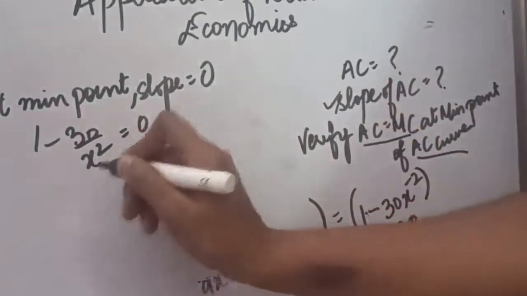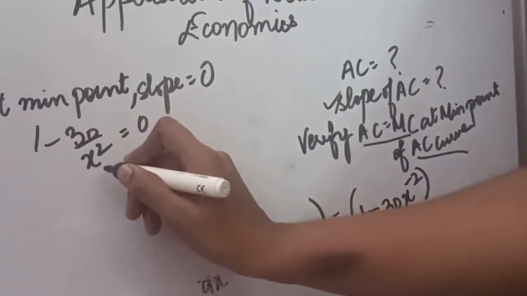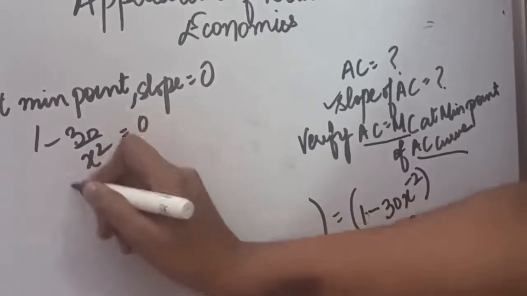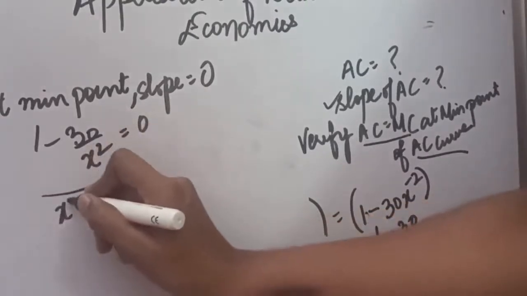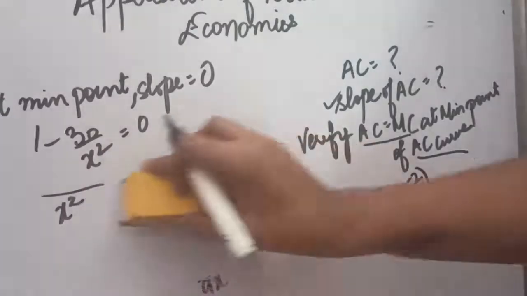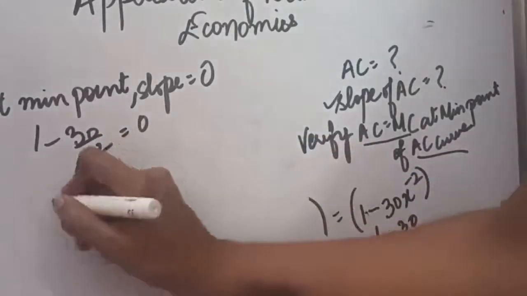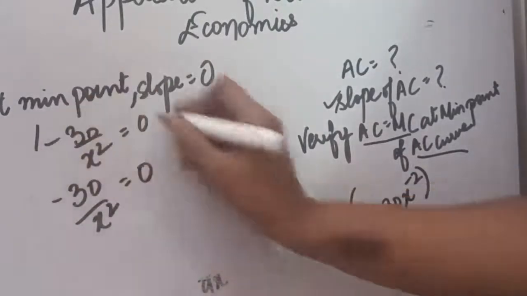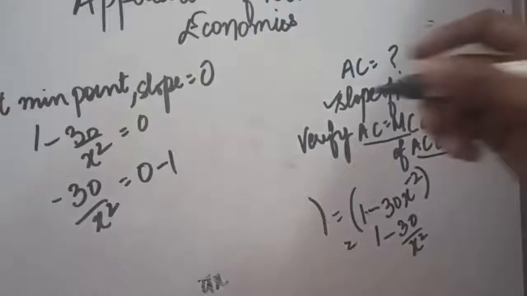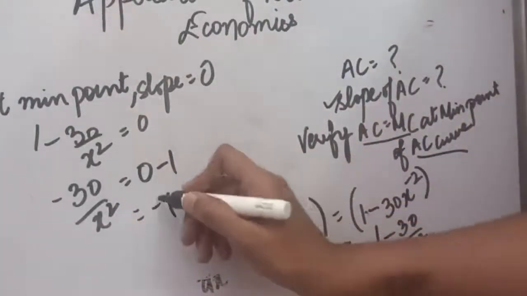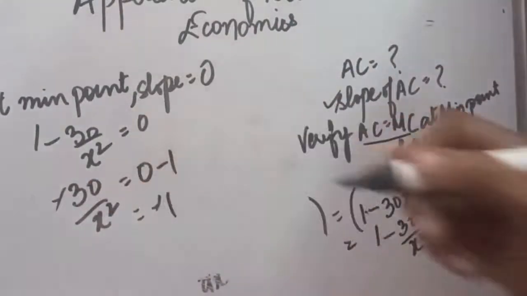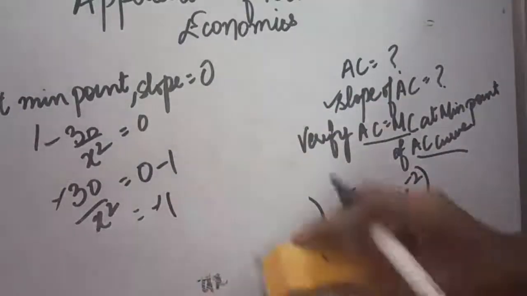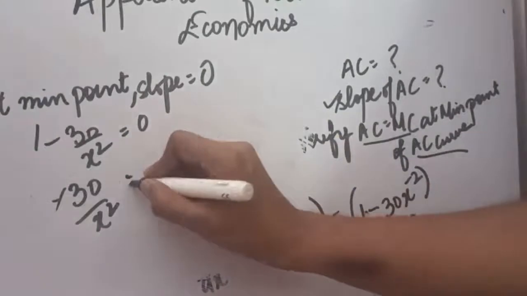If we solve and calculate the value of x here, we can write this and move it to the side: it will be 0 minus 1, resulting in minus 1. The minus will cancel, so 30 upon x square is equal to 1.